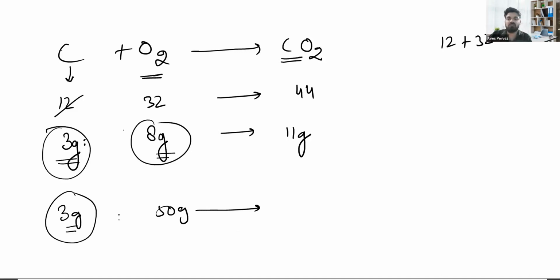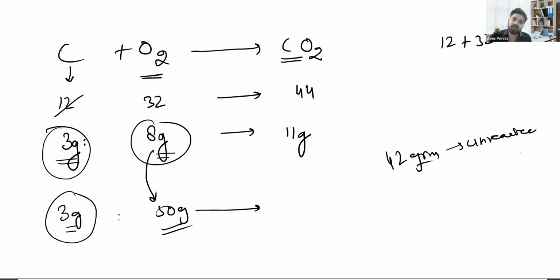Got it? And if you have 50, what does it mean? You have extra. Out of this 50, 8 will be consumed. The rest, 42 grams, will remain unreacted.